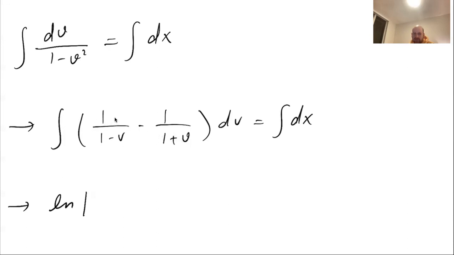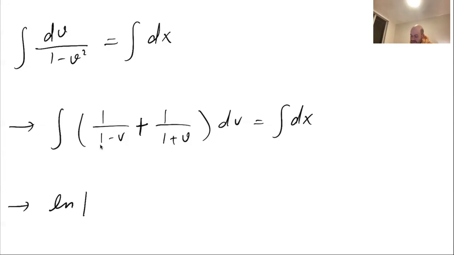common denominator, the denominator will be 1 minus v squared, and the numerator will be 1 plus v minus bracket 1 minus v. Sorry, it will be plus here, because 1 minus v, 1 plus v plus 1 minus v, it will be 2 in the numerator.